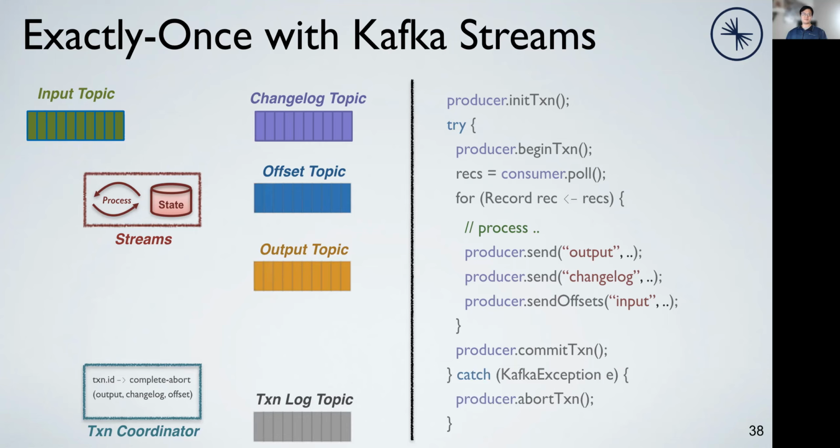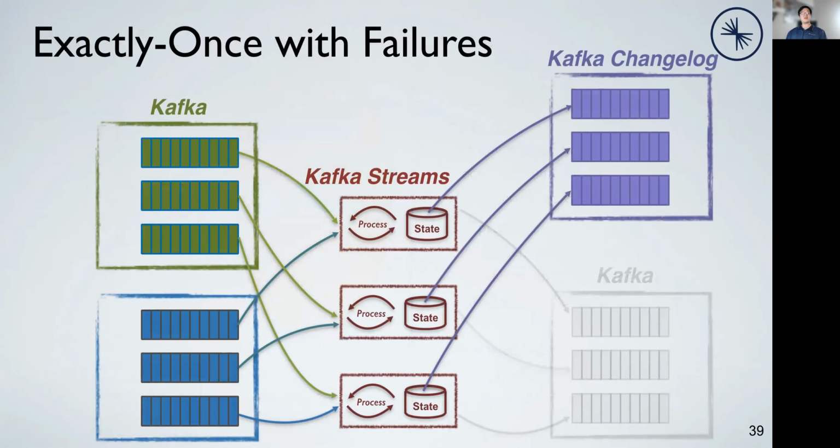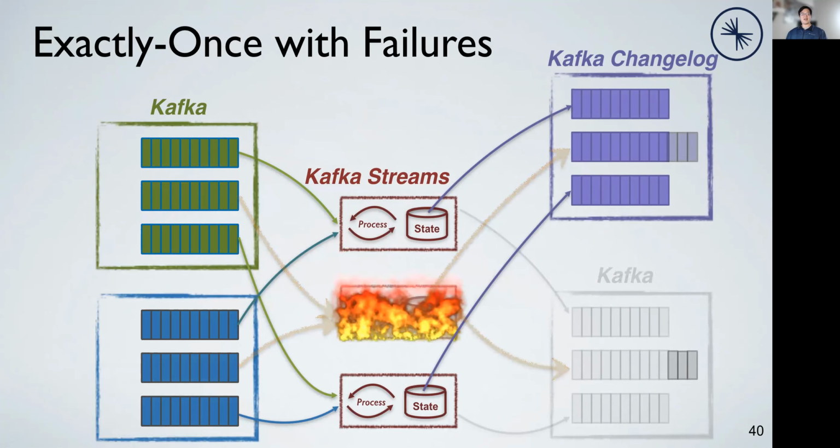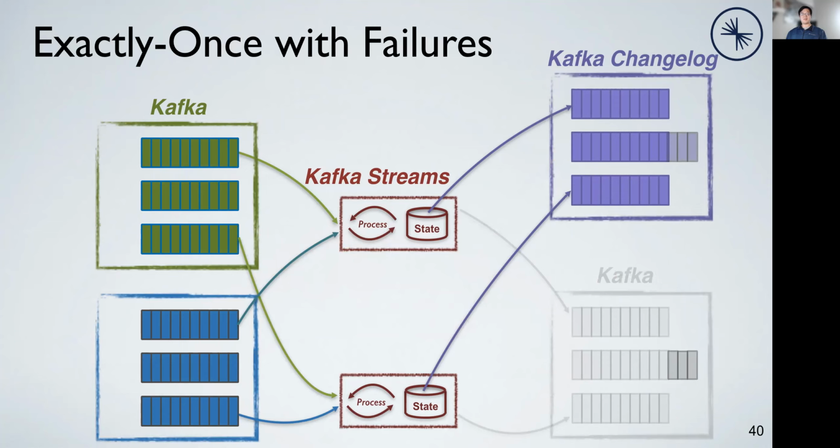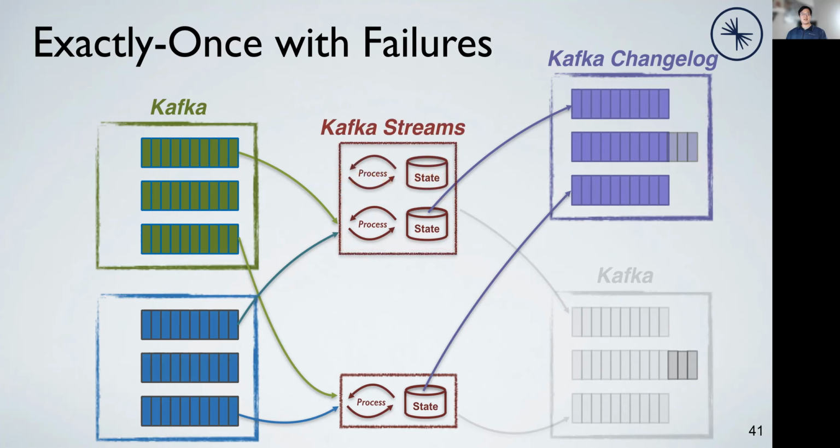transaction. As you can see here, by leveraging the transactional protocols, Kafka Streams can make sure that all records appended across those partitions are atomic. So when failures happen, for example, on the middle instance here, after it has processed some records and appended some results to the output and changelog topics, Kafka Streams could trigger a rebalance and migrate the failed tasks to one of the remaining hosts.